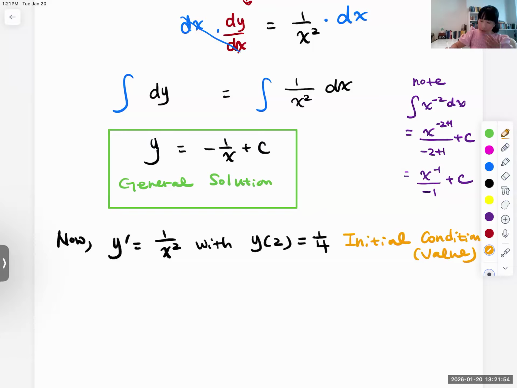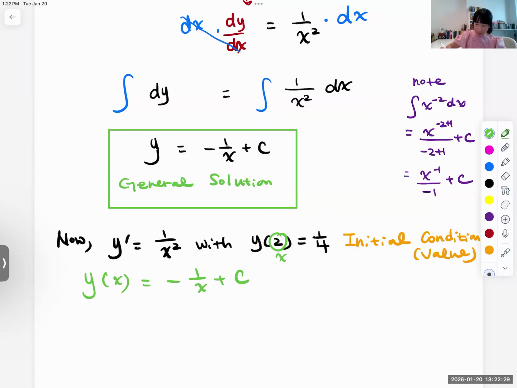So we had the general solution from here. Since we have the x variable, y of x equal to negative 1 over x plus c, right? All right, then it's given y of 2 equal to 1 over 4. That will be x, right?